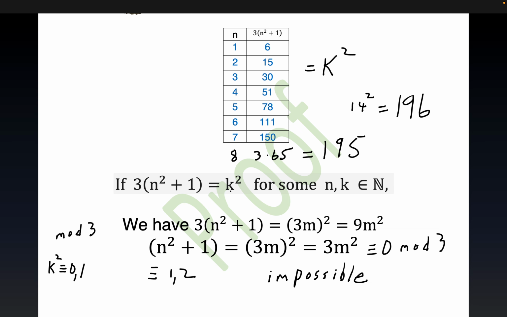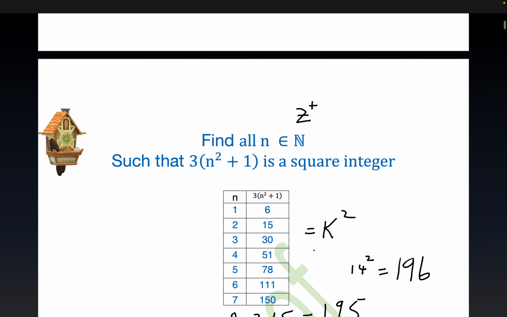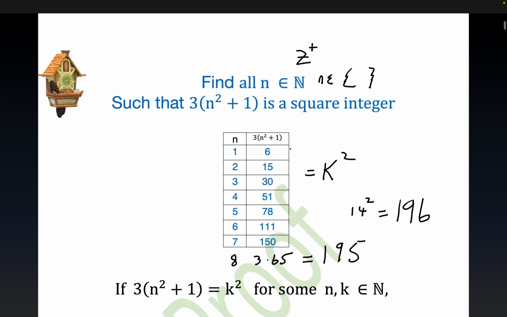If we set it equal to an integer squared, we get an impossibility. So it says find all n, there are none. It's the empty set, okay? I don't know if it's proper to write this as n as a member of the empty set, but there are no solutions for this.